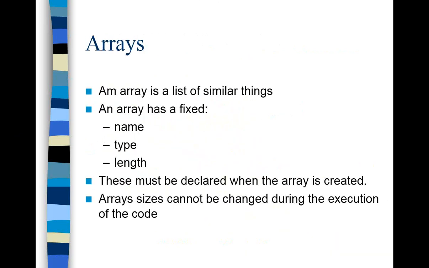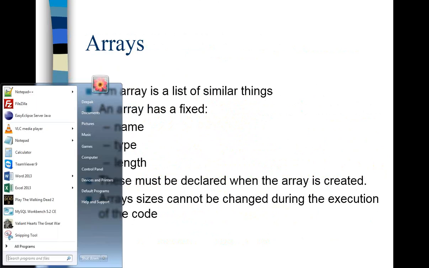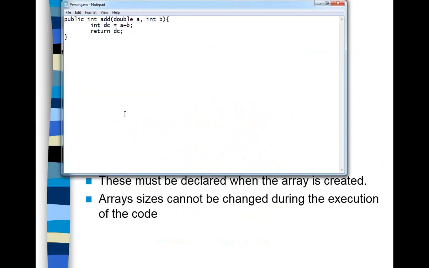Then arrays. Array is another data type that we have. Arrays are used to store multiple numbers in one variable. For example, if you write int a, you can only store one value. But say you want to store multiple values in the same variable, then Java provides something called an array.